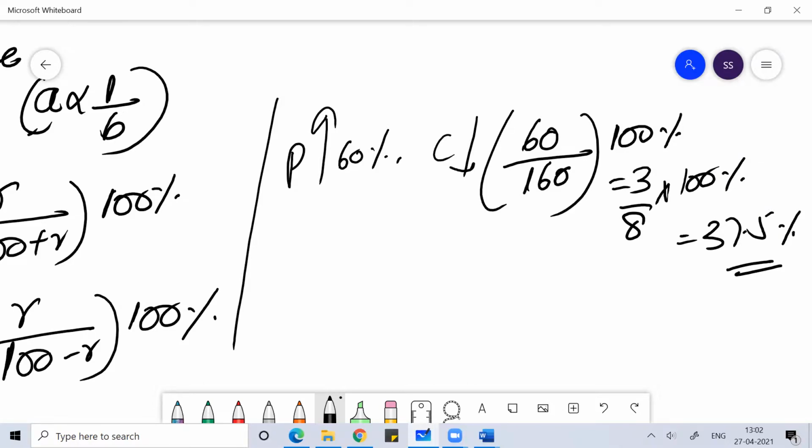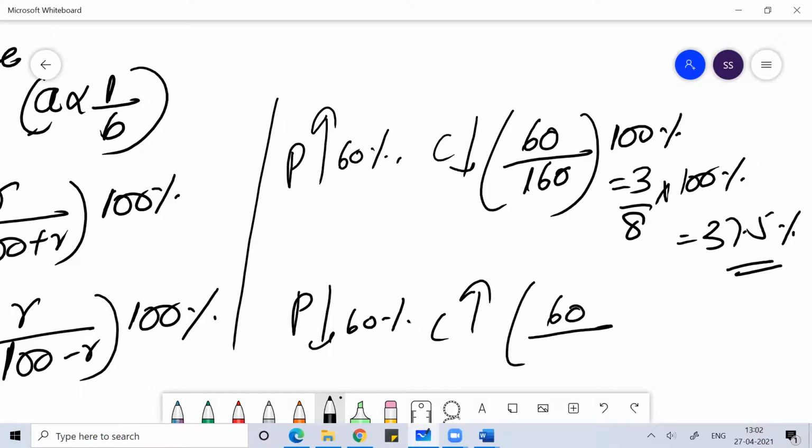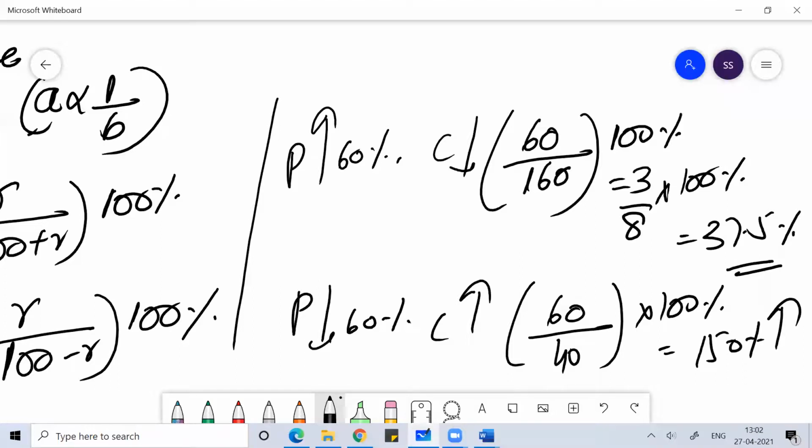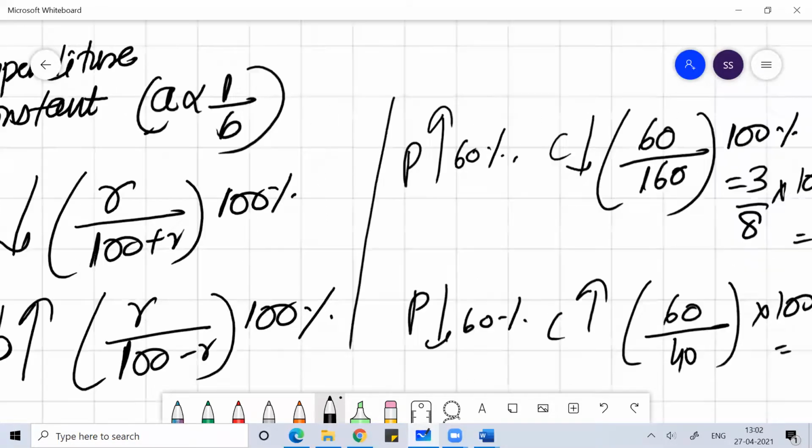Imagine if your price decreases by 60%, then how much should your consumption increase? That would be 60 by 100 minus 60, which is 40, into 100%. Then this would be 3 by 2, which is 150%, to keep the expenditure constant. Understand this? The direct formula is there.